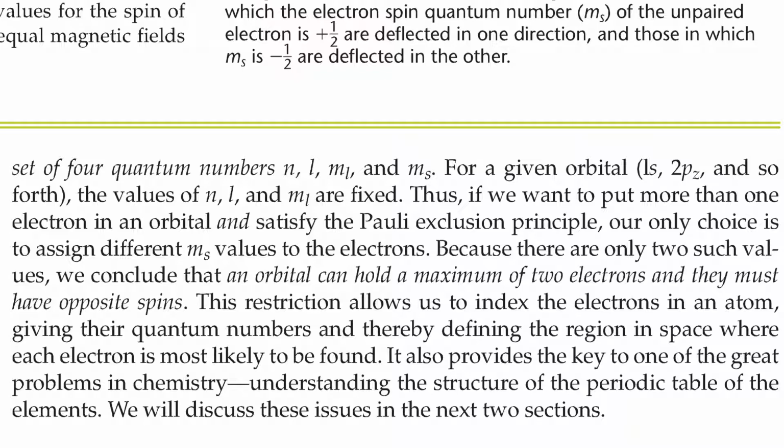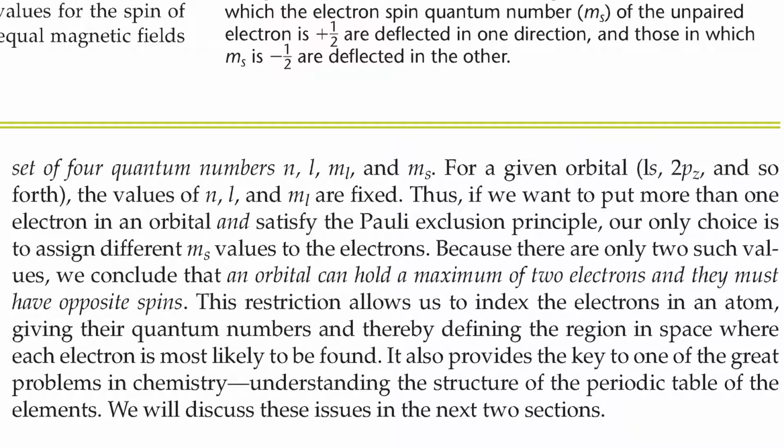For a given orbital, 1s, 2p_z, and so forth, the values of n, l, and m_l are fixed. Thus, if we want to put more than one electron in an orbital and satisfy the Pauli exclusion principle, our only choice is to assign different m_s values to the electrons. Because there are only two such values, we conclude that an orbital can hold a maximum of two electrons and that they must have opposite spins.